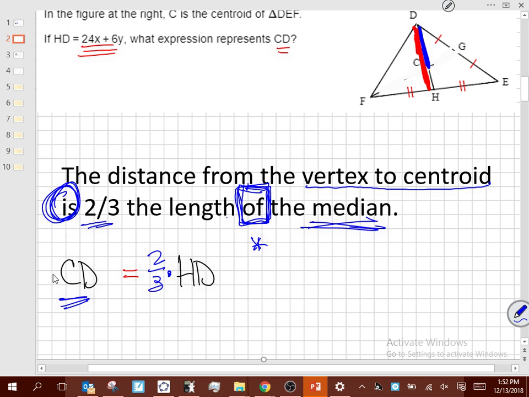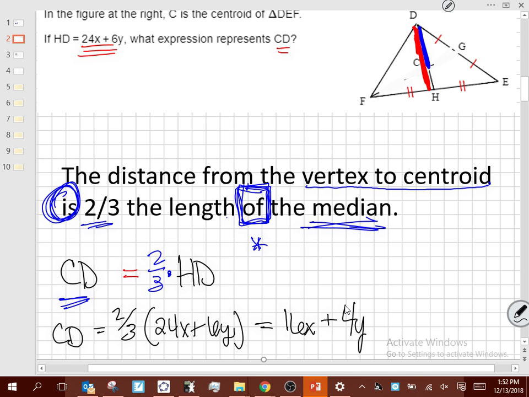Yep. So once you can set that up, then it's just a matter of saying, okay, I'm trying to solve for CD and trying to write an expression for that. So then let's substitute HD with 24x plus 6y. What's 2/3 of 24? 16. Okay. And then plus, what's 2/3 of 6? 4, right?